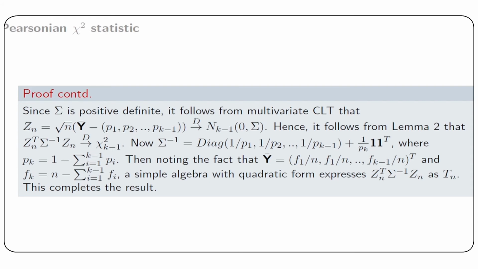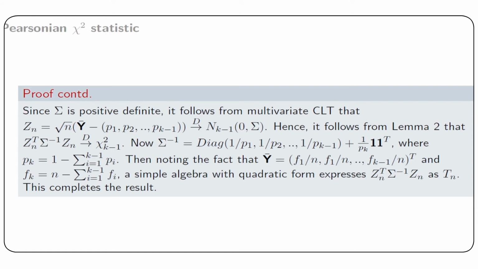Then noting the fact that y bar is nothing but a vector with components f1 by n, f2 by n up to fk minus 1 by n, and fk is defined as n minus summation I from 1 to k minus 1 fi, a simple algebra with the quadratic form expresses Zn transpose sigma inverse Zn as Tn.